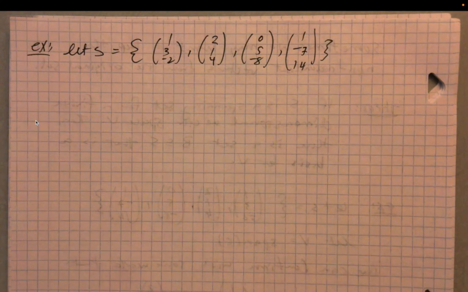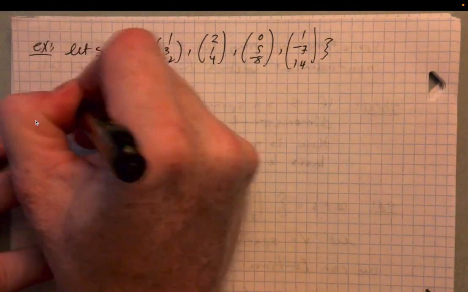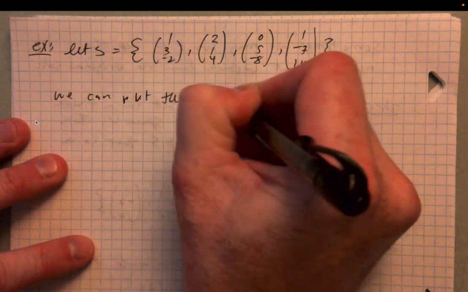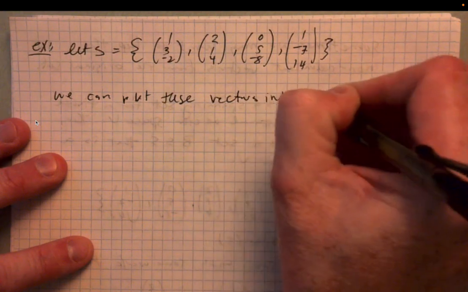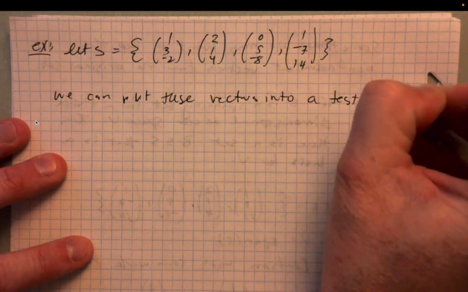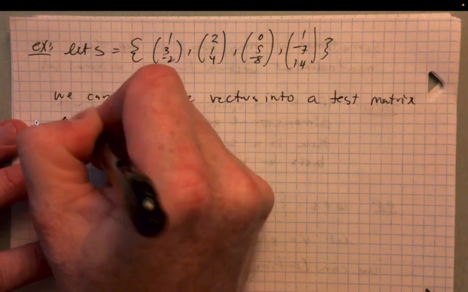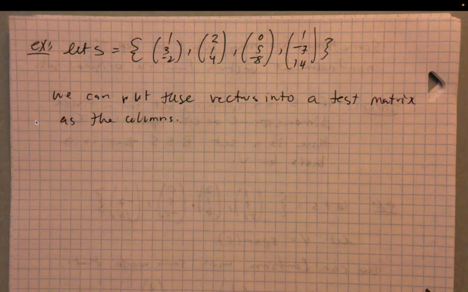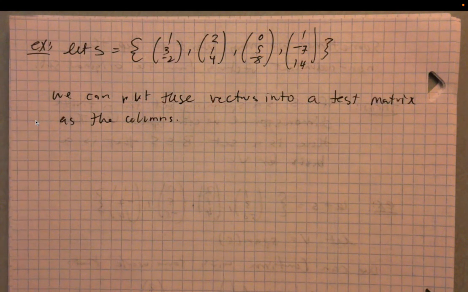Now what we can do, as we've done before, is take these vectors and put them into a test matrix as the columns of the matrix. If you recall, we had a test for linear independence. We would put all of the elements of interest into the columns of a matrix, and we would row reduce.